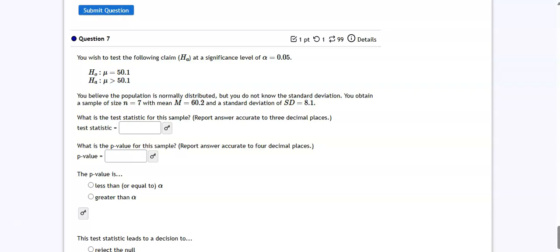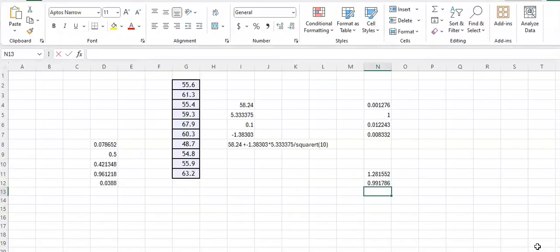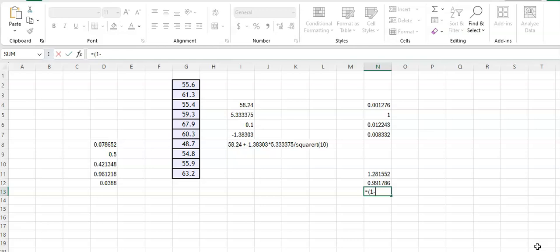So we will have equal t.dist. Our x value, go back here, was 3.29902. Degrees of freedom are 6, and we want to put true.